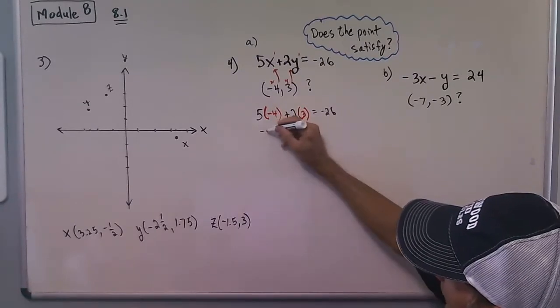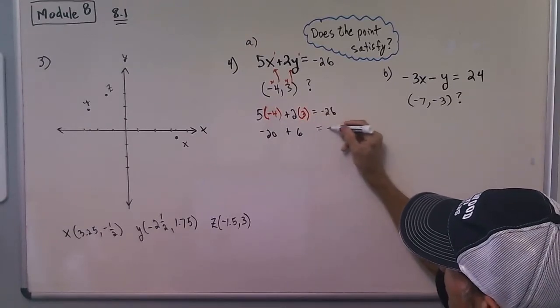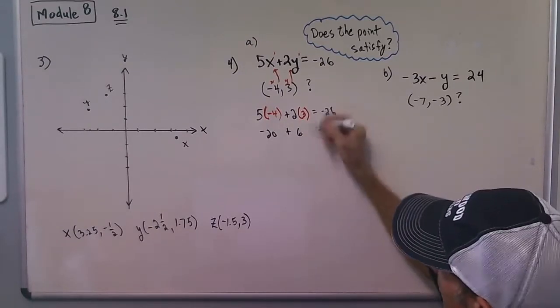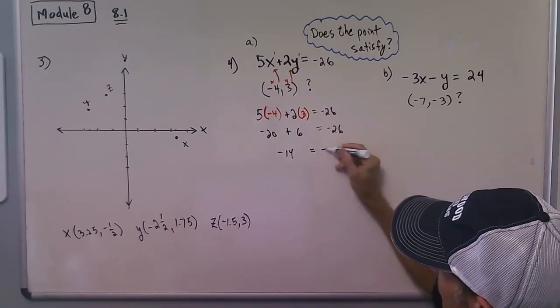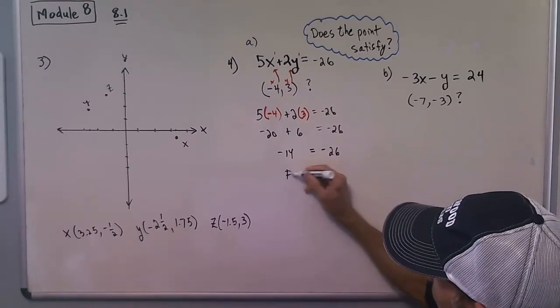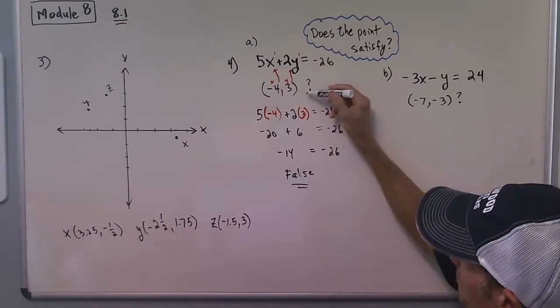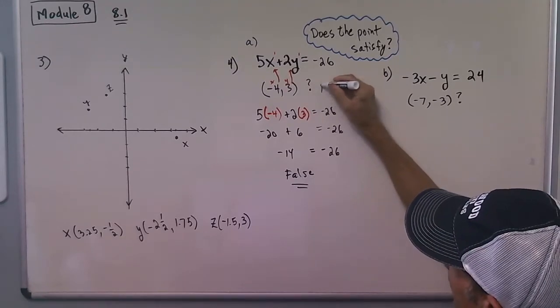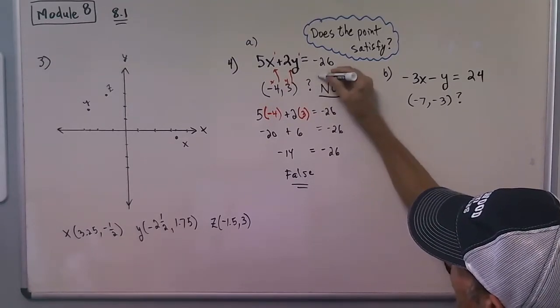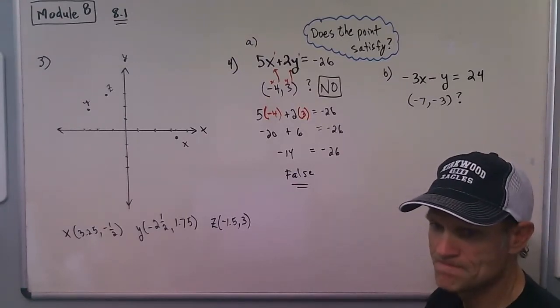I have -20 plus 6 equals -26, and then finishing off this side, I have -14 equals -26. Now that's false, so your instinct should be that this point does not satisfy the equation, and it doesn't lie on that line.